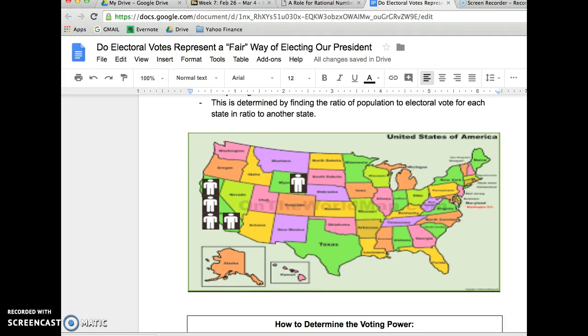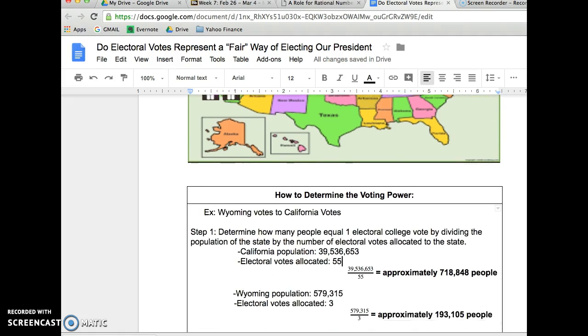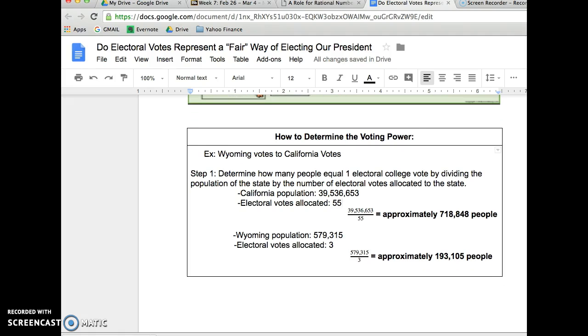So I made this little diagram to show you 1 person in ratio to almost 4 people for California, to show you again that the voting power is much larger. And then I explained how to determine the voting power, which was first by finding the ratio of the population of the state to the electoral votes that's allocated. So for California, again, it's almost 40 million, and they're given 55 electoral college votes, so it's approximately 718,000 people per vote.